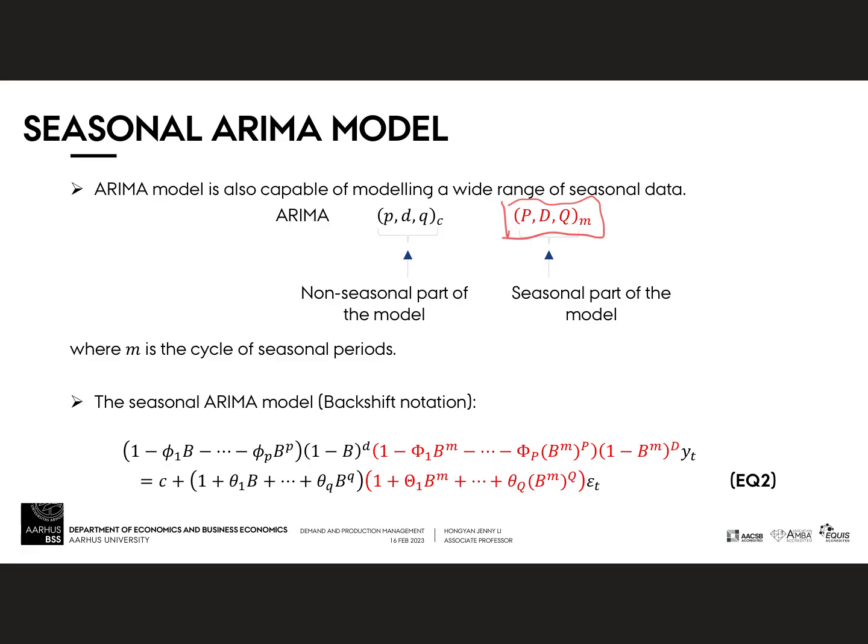And here you can see in the right part, we have a capital B to the M. The main idea is if your cycle length equals M, then B to the M times y t equals y t minus M. So in other words, if t is, for example, Q1, then t minus M is also Q1-related data.